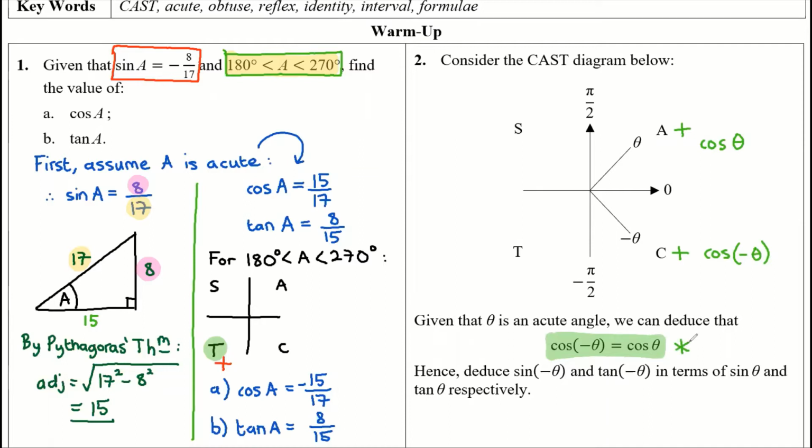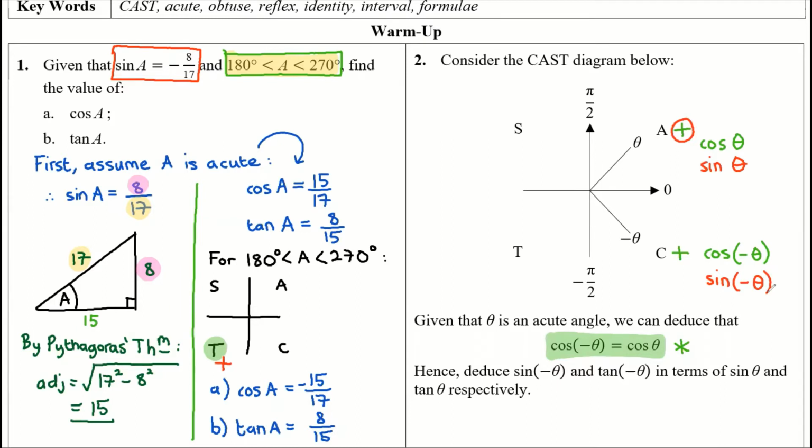So how does this pan out for sine and for tan? Well, I'll do them in different colors. If we look at sine of theta, clearly sine of theta is positive because all trig ratios in that first quadrant are positive. But what about the sine of negative theta?